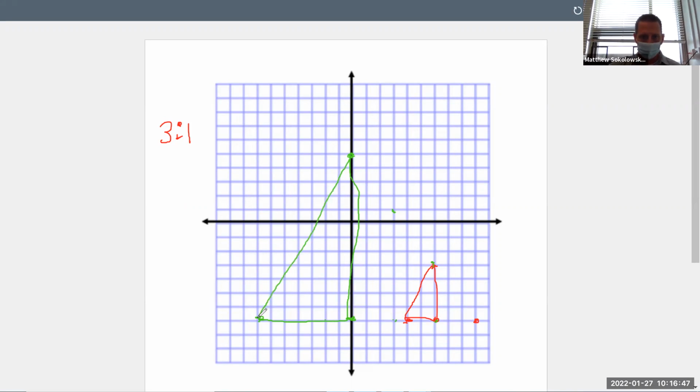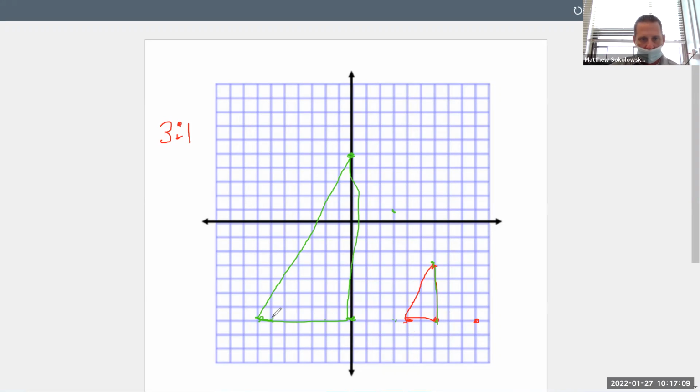This is 3 times as big. Right? This was 4 units long. Now it's 12. 1, 2, 3, 4, 5, 6, 7, 8, 9, 10, 11, 12. This was 2, and now it's 1, 2, 3, 4. Wait, this was 2. Right, did I count wrong? 1, 2, 3, 4. Oh, I went too far.